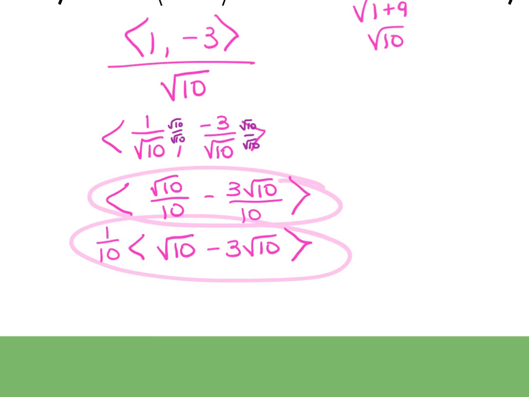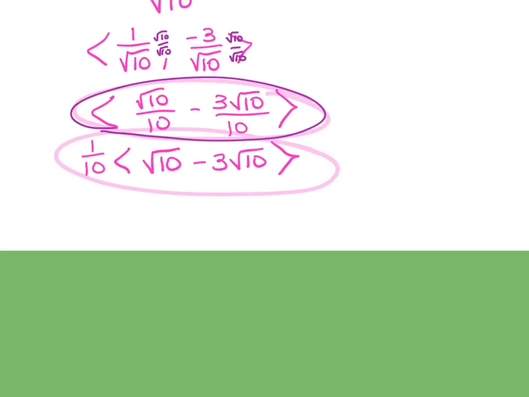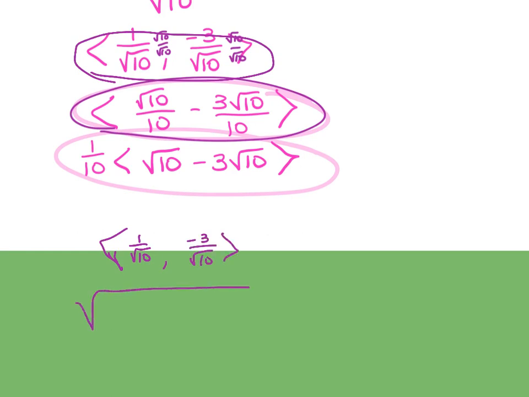Now, the way you confirm that the magnitude of this one is 1 is take your component form, and you can take it actually even before you rationalize it. So 1 over root 10 and negative 3 over root 10, and do the square root of a squared plus b squared.